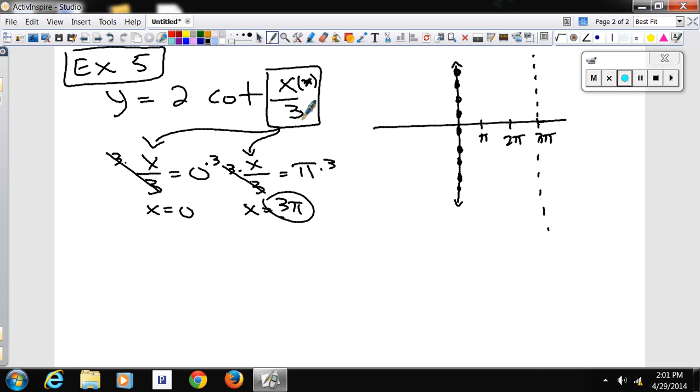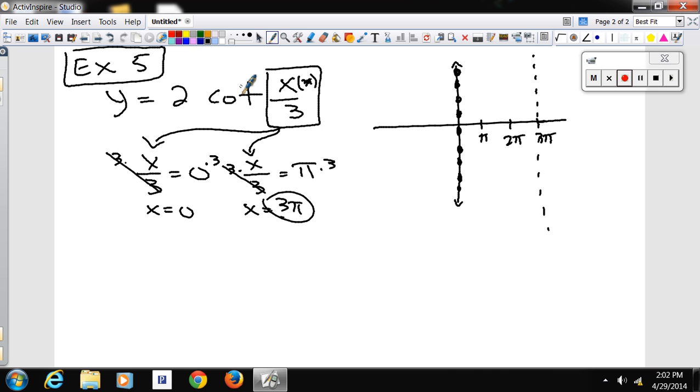Pi, right? And the 3's cancel out. So what is the cotangent of pi on your chart? Undefined. So yes, it is the right place to put my dotted line, because if I put in a 3 pi, that's going to make this become pi, and it's going to make it be undefined. So 3 pi is where I want to put my dotted line.